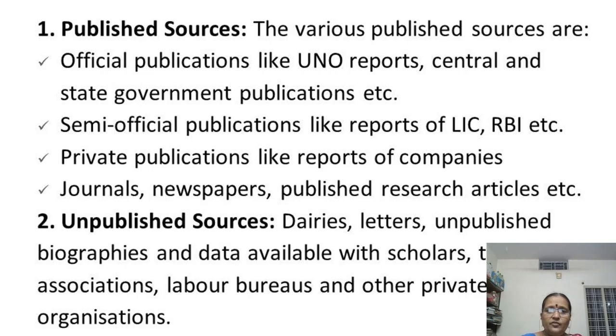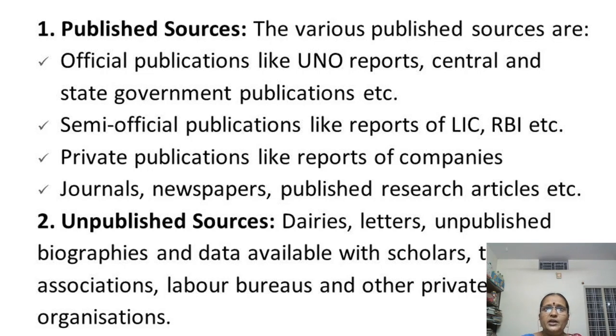First one is the official publications like UNO reports, central government and state government publications, etc. Second one is the semi-official publications like reports of LIC, RBI, commercial banks, etc. And third one is the private publications like reports of companies.